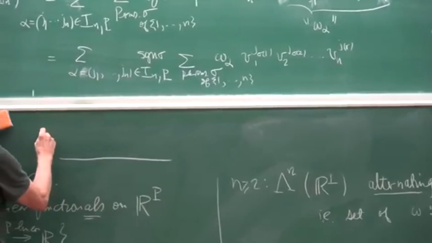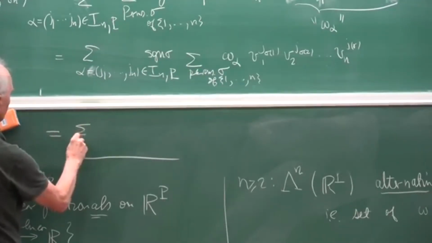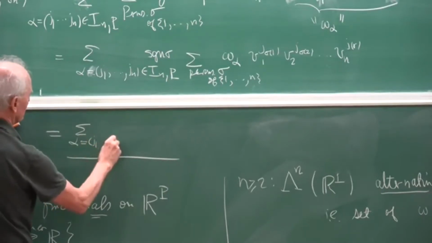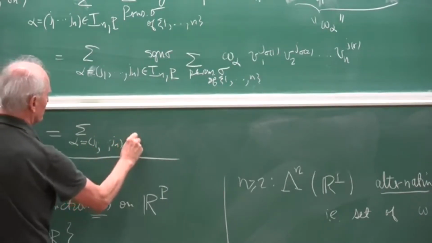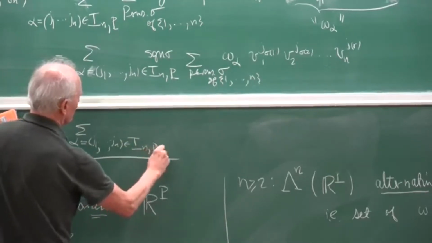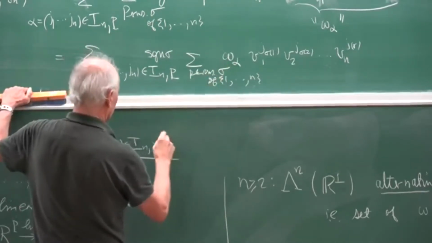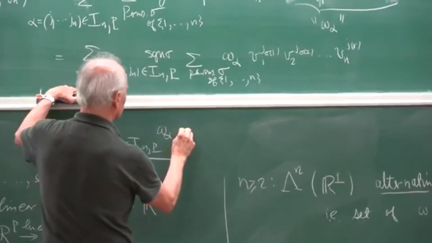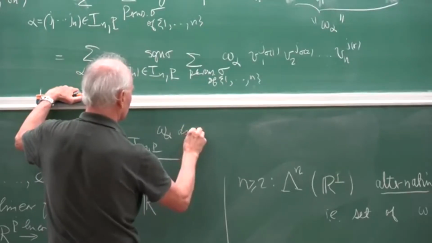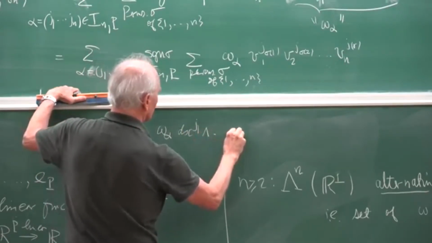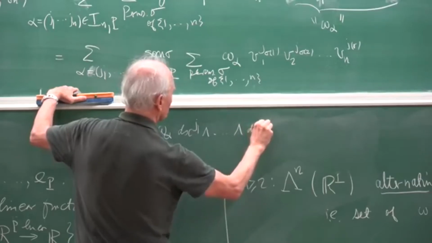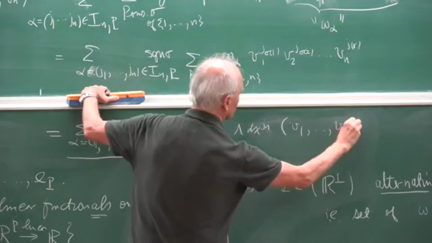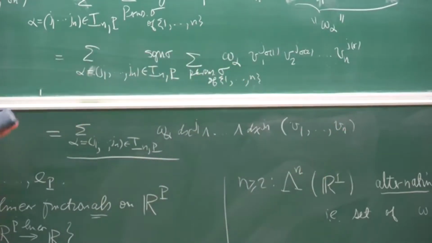This expression now becomes the sum over α equals j1 to jn in I(n,p), and then ω_α comes out the front, and then it's dx_j1 wedge up to dx_jn hitting the vectors v1 up to vn. Same expression, notice.